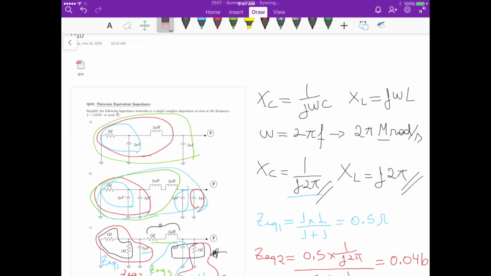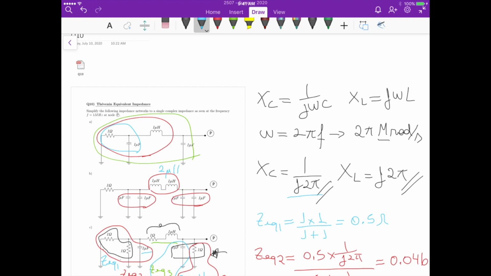Or if you want to simplify this circuit even more, you know that inductances in series add as if you had resistors, and capacitors in parallel also add. So this one here becomes 2 microhenry.